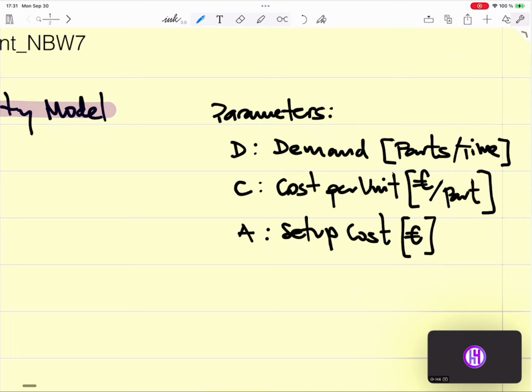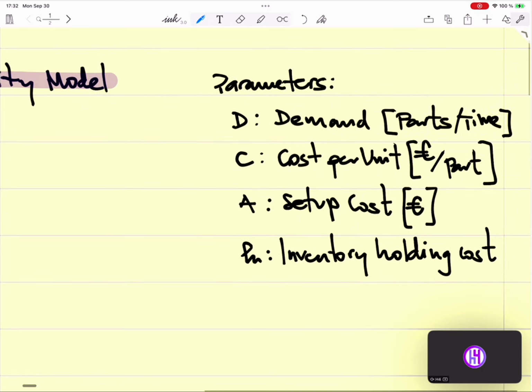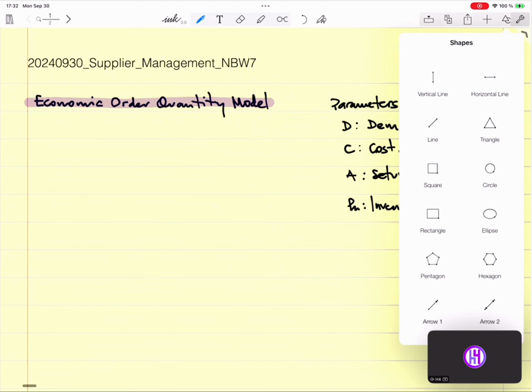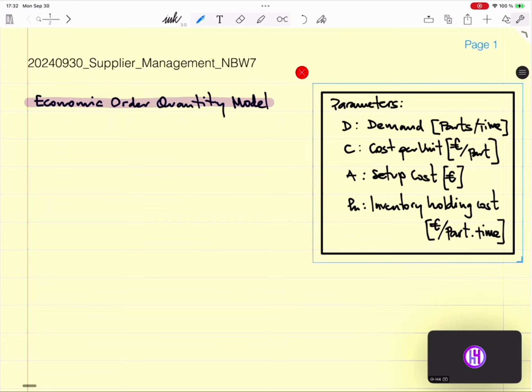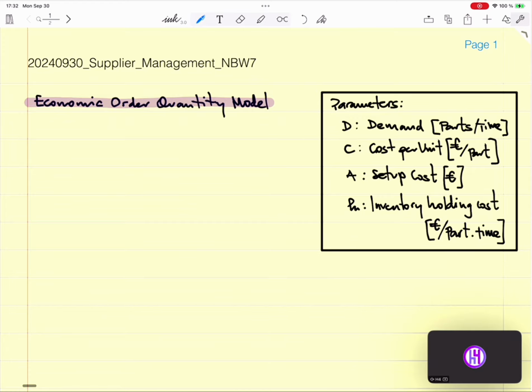This is A, and then H, which is going to be the inventory holding cost, measured in euros per part per time unit. So the more we hold the inventory in our books, the more H increases. And those are the parameters that we're going to be using in the three different models that we see today.